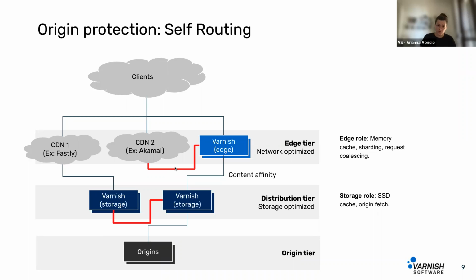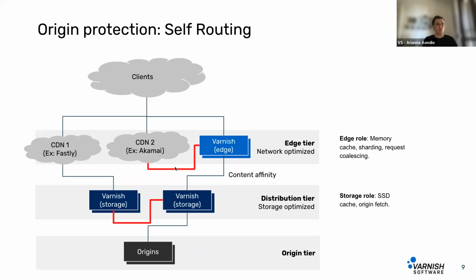And if we have 200 POPs, then it means the origin servers will see 200 requests. And that's not okay. The goal for us is to have one request for the origin servers for every single asset requested. And in order to achieve this, we have to introduce a logic called self-routing.